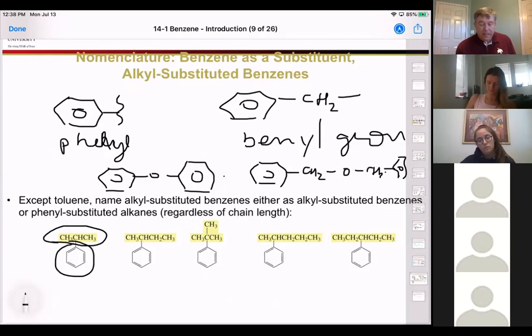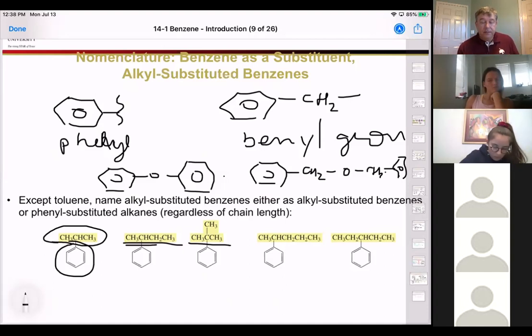If we had this right here, we'd call that butyl benzene or 2-butyl benzene, because the benzene is attached to the 2 position. This would be t-butyl benzene, because that's the tertiary butyl group. It's 3 methyl groups on the same carbon, giving us a quaternary carbon.